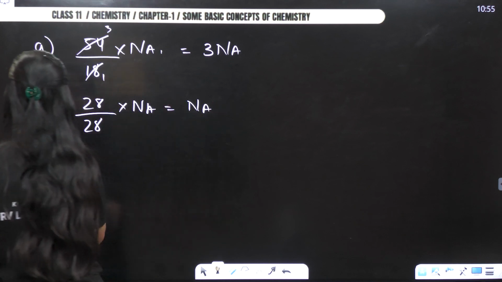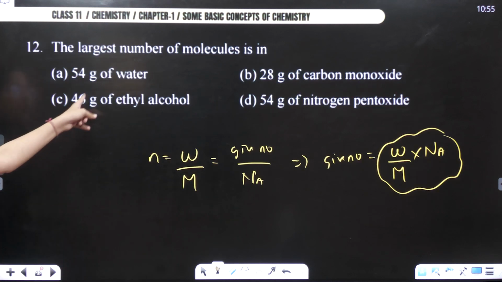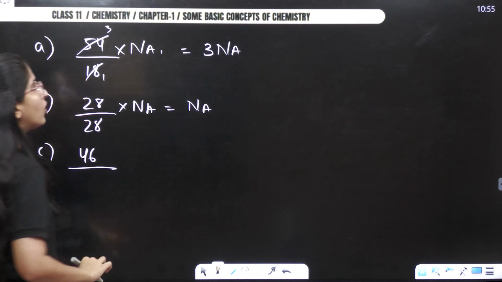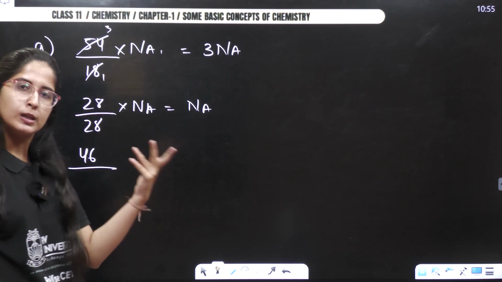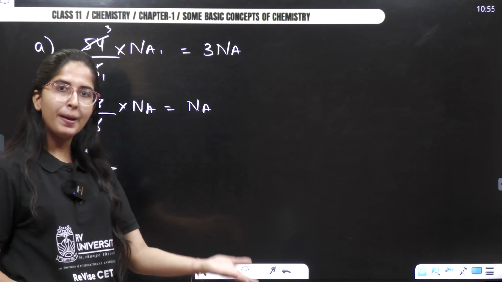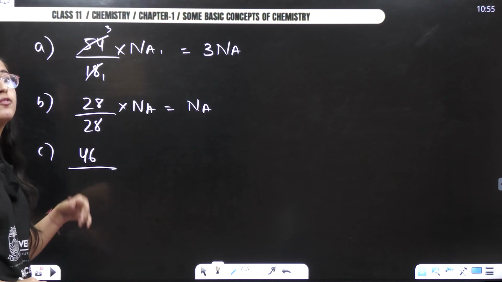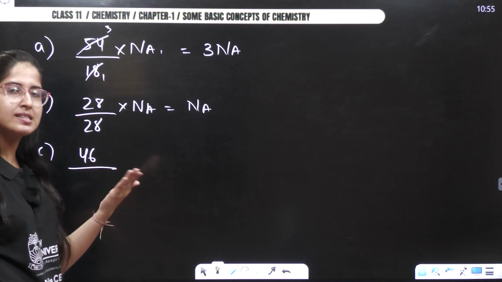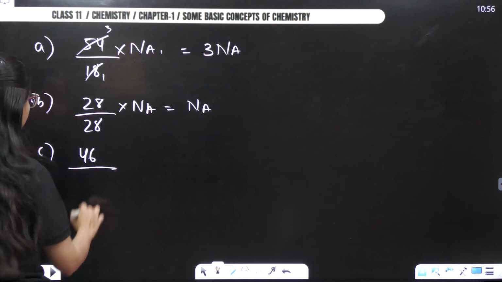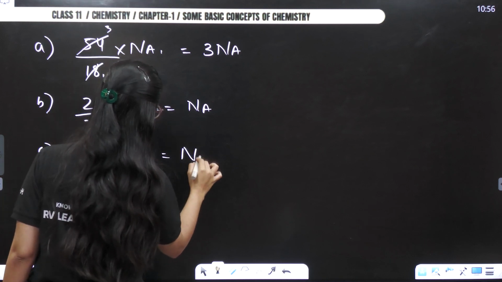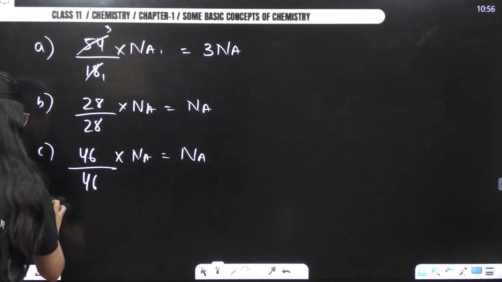Option C, 46 grams of ethyl alcohol. So ethyl alcohol, your molecular mass: 12 twos are 24, 24 plus 16 plus your 6. It will be 46 only. So it also has Avogadro's number of molecules.